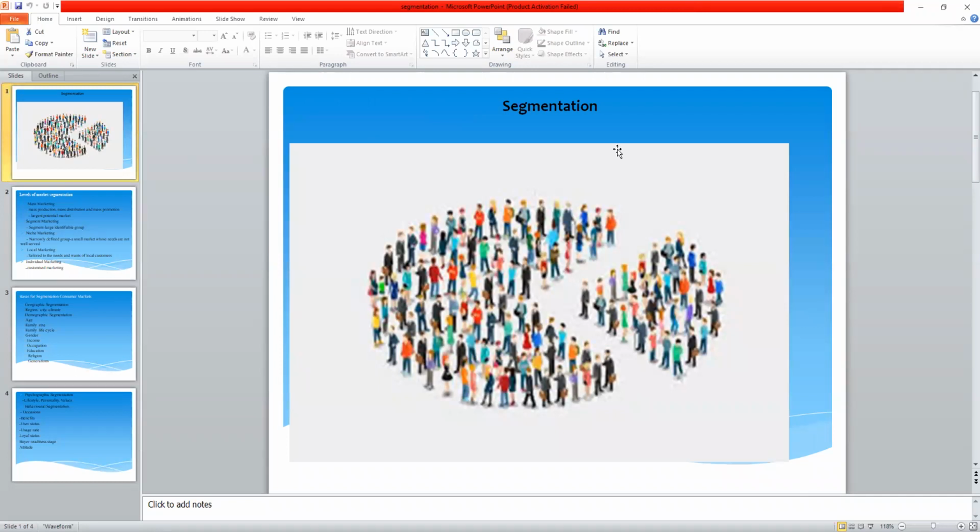Now we start with the next part, that is the segmentation. The company cannot think of catering to the demand of all of the consumers at a single time.